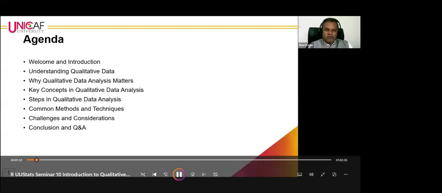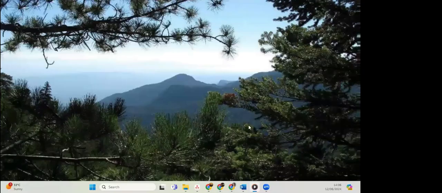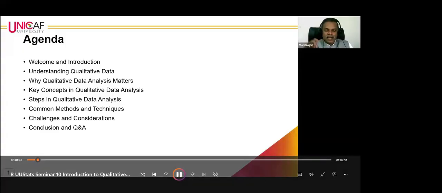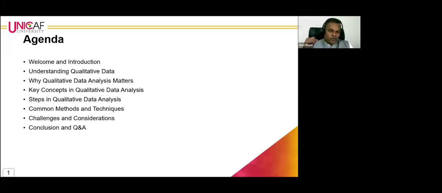There are a few other steps, but we wanted to make sure some key steps are incorporated in the qualitative data analysis. Then we'll take you through some common methods and techniques used in qualitative data analysis, and then we'll bring you some challenges and considerations when you are doing a qualitative analysis study. Finally, we will do a question and answer session with you all. This entire session is going to take 40 to 45 minutes. Then we will have another 15 minutes for question and answer.